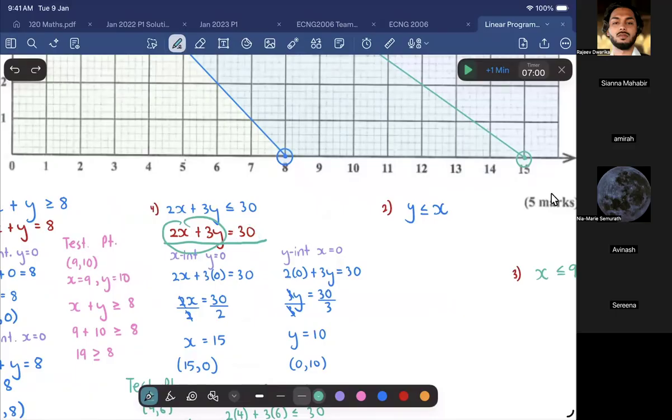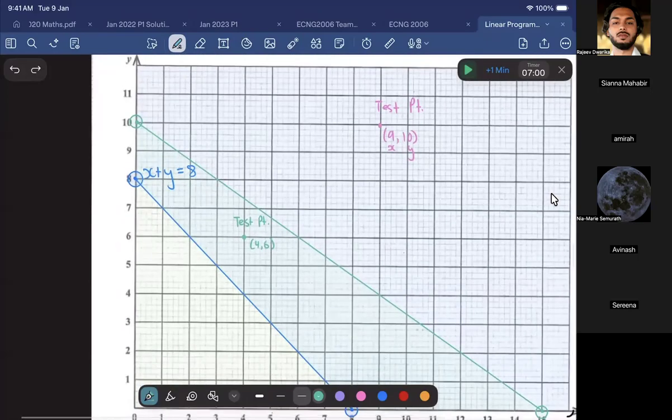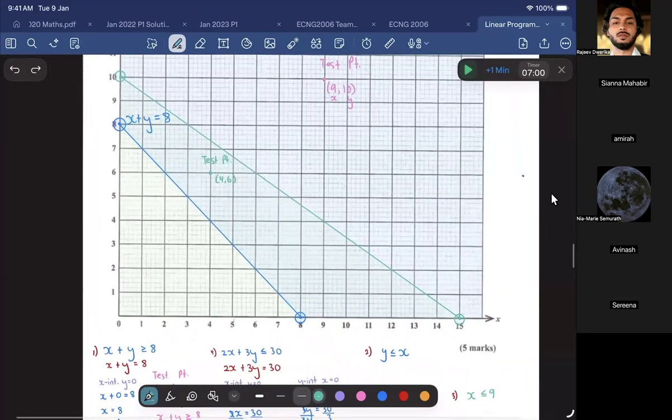And the equation is what you're using to come up with the points. So I'm just going to label that quickly. So 2x plus 3y, right, is equal to 30. What actually makes it an inequality is when you shade a side. That's what makes it an inequality. But the line itself does not represent an inequality. The line itself is an equation. I can't stress that enough.